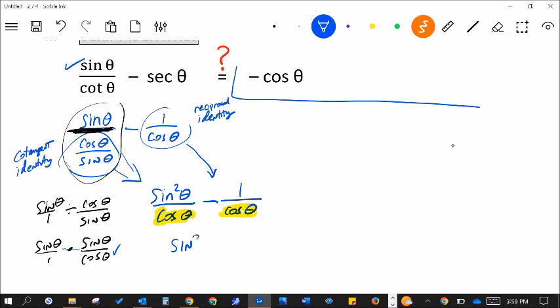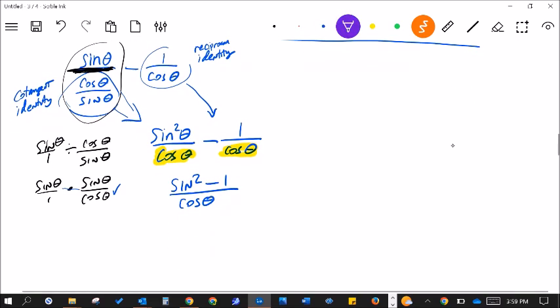So we get sine squared minus 1 over these two combined, just cosine theta. That's the same concept as if 3 over 7 plus 1 over 7 would be equal to 4 over 7. It's just that concept from fractions, and we can do it with trigonometric functions, just like I showed here with the cosine.